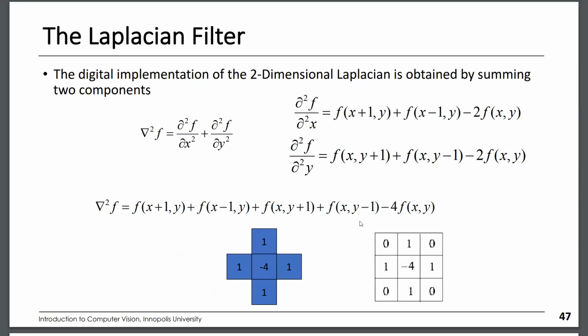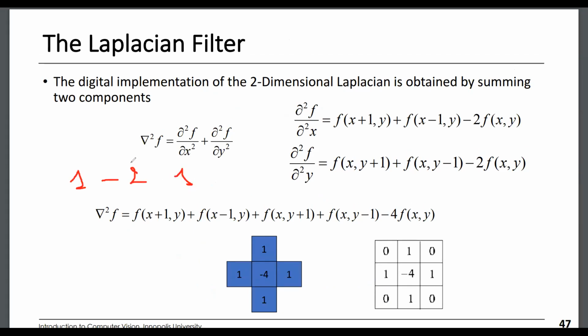Now we're going to be using this formula and combining both in the same filter, right? So imagine in this direction, we are doing 1, -2, 1. And in this direction, you're doing 1, -2, 1. If you would like to combine them in the same filter, to calculate something that does this exact task twice, you would have something like this: 1, 1, -4, 1, 1.